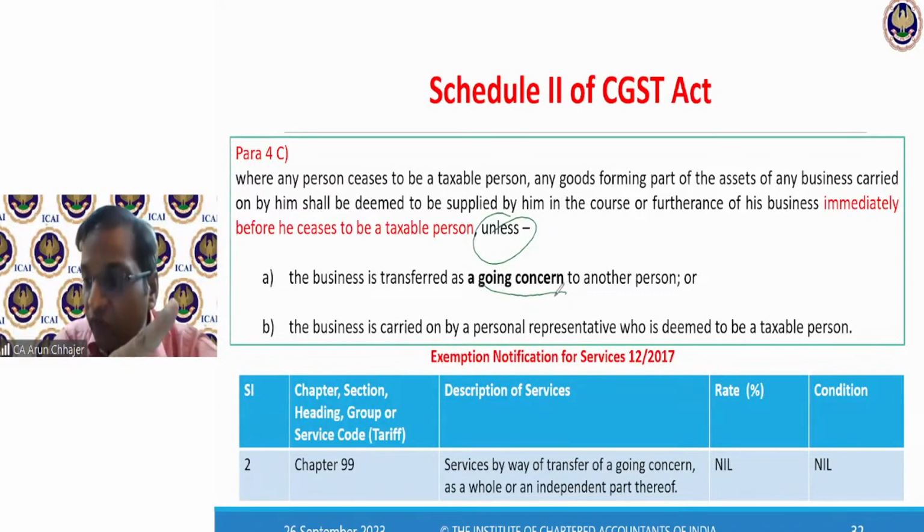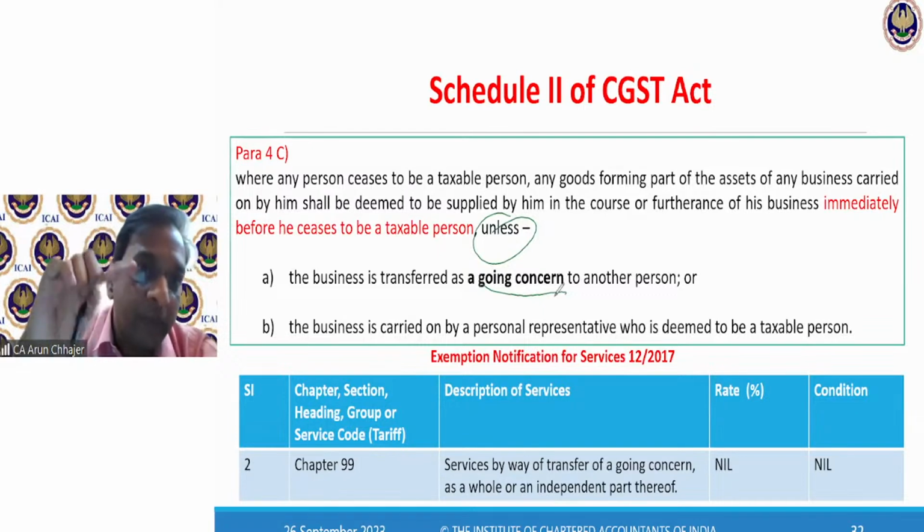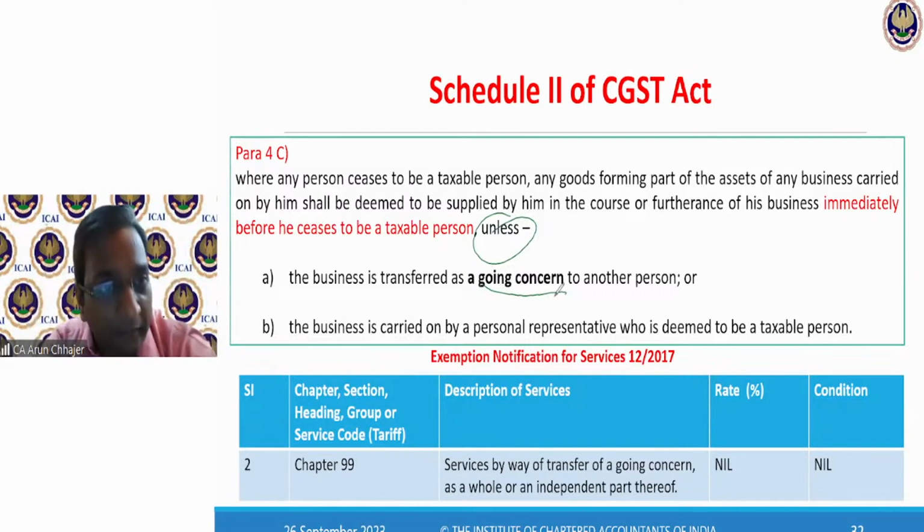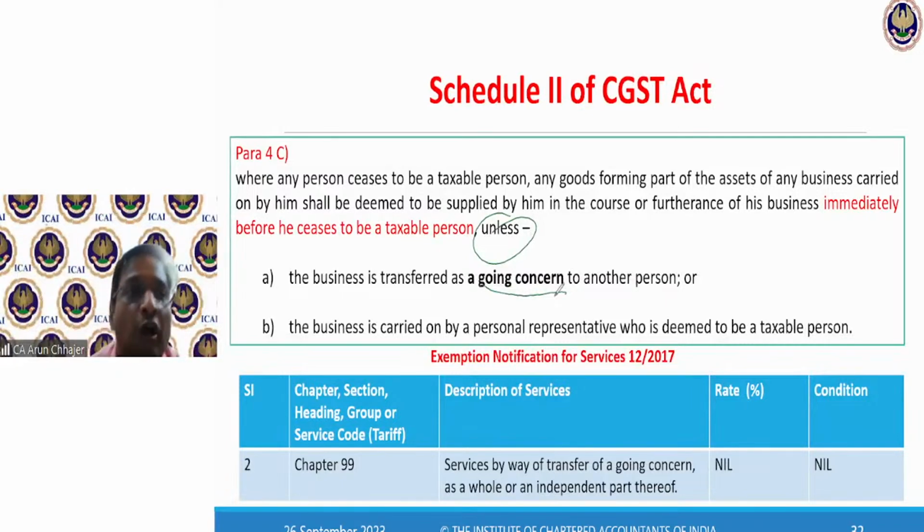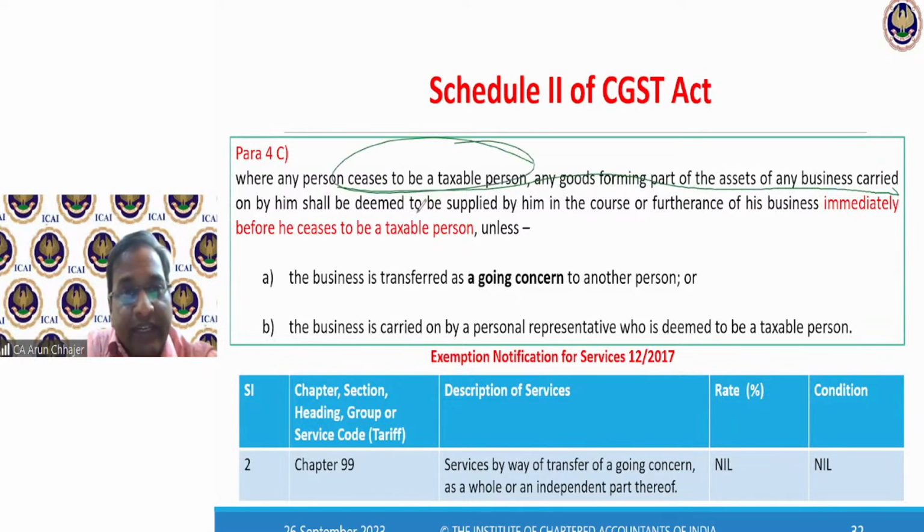It is being transferred, but the business will be carried on by another person. It means the business continues, only ownership is changed. It is on a going concern basis. So if the person ceases to be a taxable person, then it will be treated as supply of the goods. But in case of the going concern basis, it cannot be taxable.